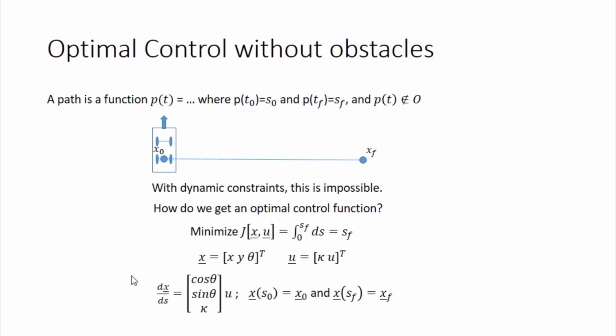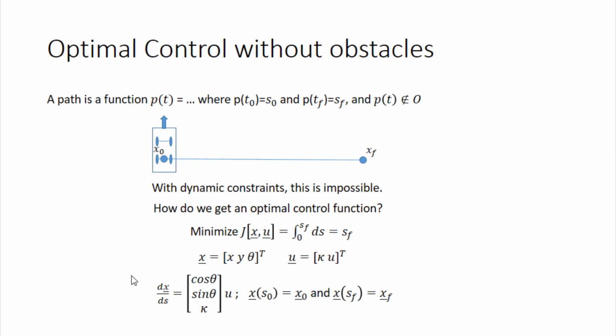Just to take this a little bit further, the third line here, I show dX bar, so how X changes as S changes. Okay, yeah, that makes sense. So X is our configuration, x, y, theta, but S is just the x-y values. As the x-y values change, the way that the configuration is changing is equal to this function down here on the bottom left, where we've got this 3x1 vector, cosine theta, sine theta, and kappa, and we're multiplying that by the overall speed.